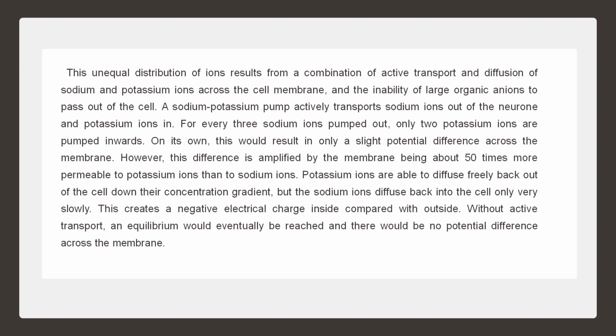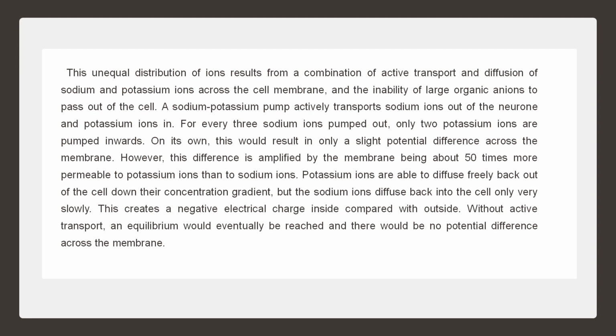On its own, this would result in only a slight potential difference across the membrane. However, this difference is amplified by the membrane being about 50 times more permeable to potassium ions than to sodium ions.